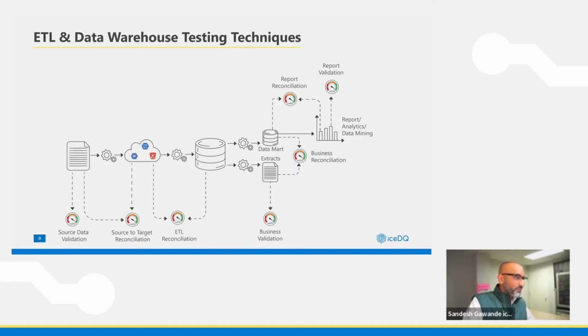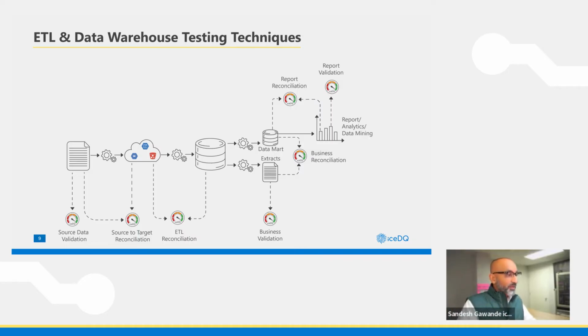The first test is, as an ETL tester or QA person, even before the ETL process runs, I need to ensure that the source data that I got is what I expected. Because if the source data is not what you expected, the ETL process is of course going to fail. So is the data format correct? Is the data correct? All those things you need to make sure. If you look at the bottom side, source data validation. So that's the first thing.